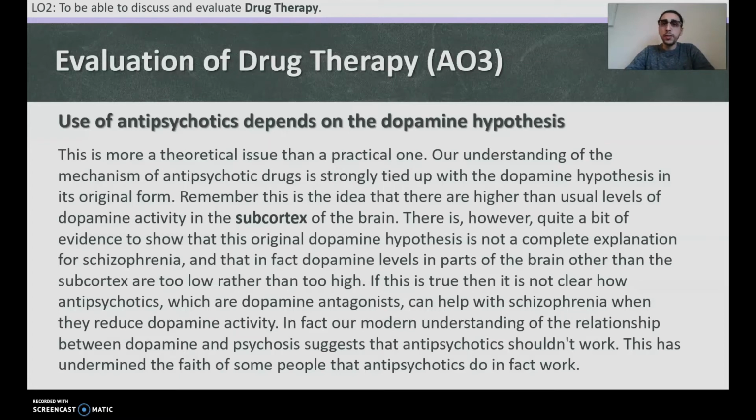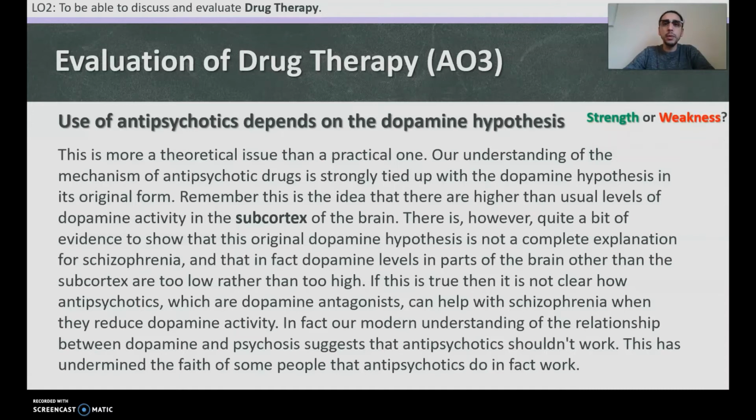If this is true, then it is not clear how antipsychotics, which are dopamine antagonists, can help with schizophrenia when they reduce dopamine activity. In fact, our modern understanding of the relationship between dopamine and psychosis suggests that antipsychotics shouldn't work. This has undermined the faith of some people that antipsychotics do in fact work.